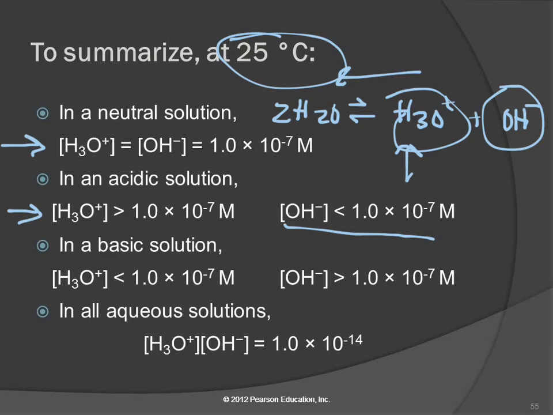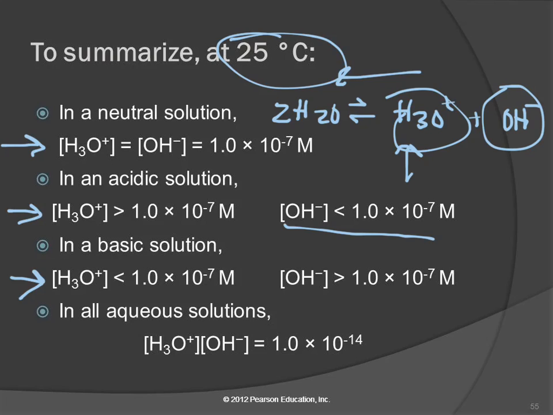So it's like a piece of rope over a bar, and one end goes up, the other end goes down. You can't have both go up or both go down at the same time. In a basic solution, if you add base, then the opposite is true. The hydronium ion concentration goes down and the hydroxide ion concentration goes up.